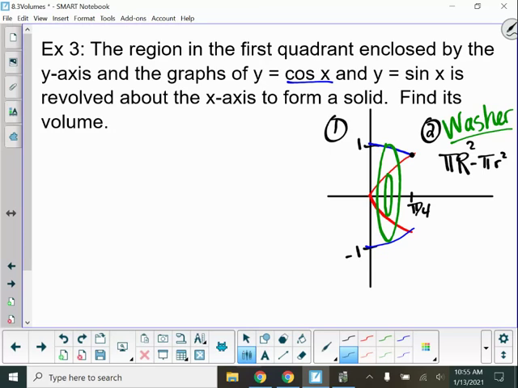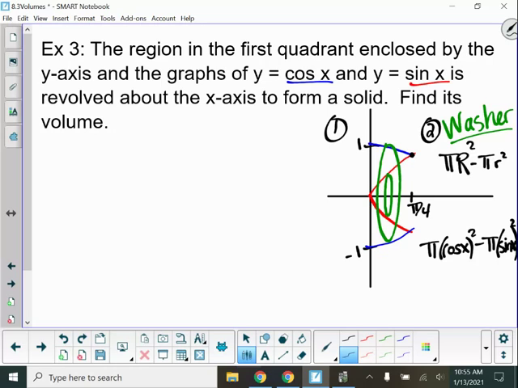Well, the big R squared, the one that's on top, the outer one, the blue one, is my cosine. So it's going to be pi times cosine squared.